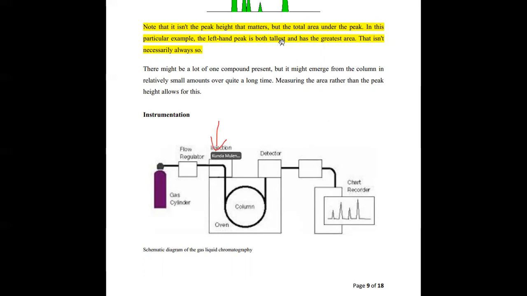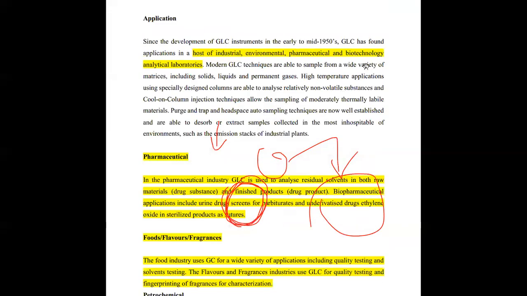And then this column, some are long, about 15 meters. It's very small, but it's coiled. And then we have a detector here, and then we have the recorder. Mostly the recorder is the screen of a computer. Yeah, so that's the instrumentation from the few things that we were discussing.